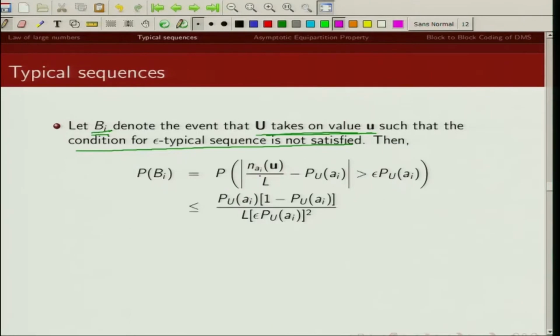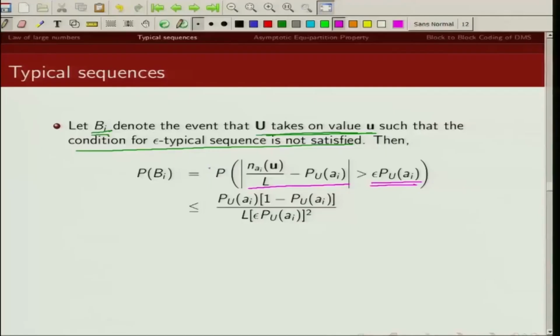So when N Ai of u by L minus P of Ai, when the absolute difference is greater than epsilon times P of Ai, when this condition happens, we have seen from the definition of typical sequence, when this happens for any of these Ais, then our sequence is not a typical sequence.